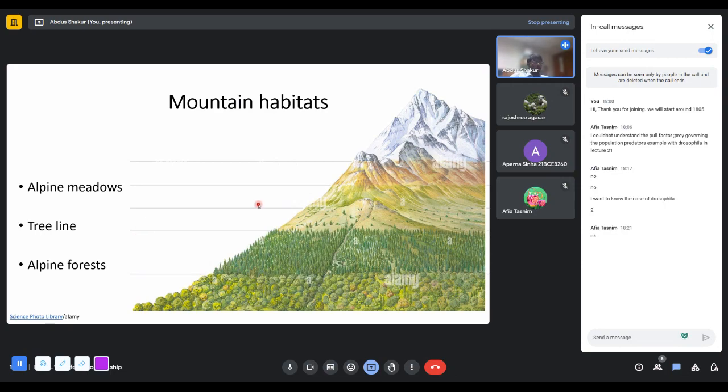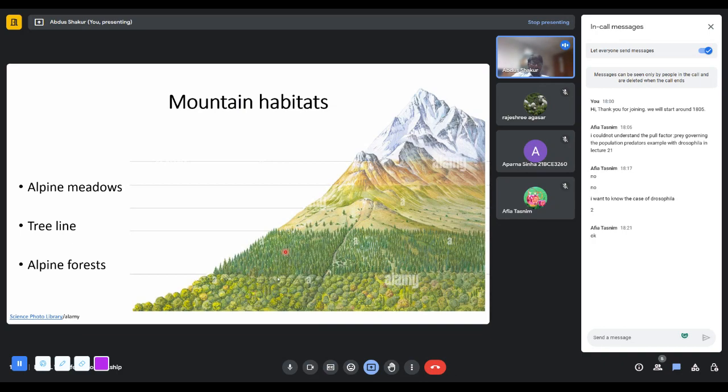If you look at a single mountain, the type of vegetation you see from the base of the mountain to the top changes. For example, take a mountain in a tropical region, let's say Eaglenest Wildlife Sanctuary. In the lowermost part you'll have tropical forests.